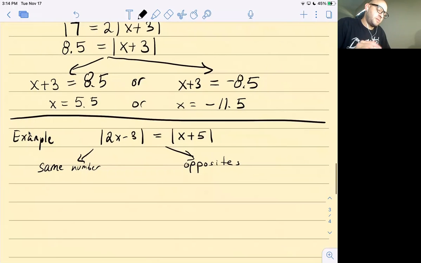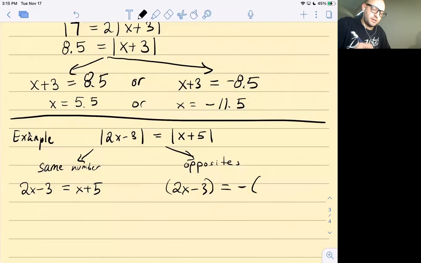So if they're the same number, then it's really simple. You just get rid of the absolute values and solve directly: 2x minus 3 equals x plus 5. Or alternatively, if they're opposites, then that tells me 2x minus 3 has to be the opposite, negative on the outside of x plus 5.